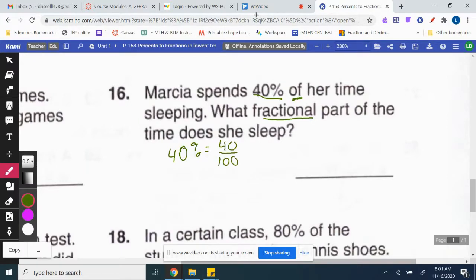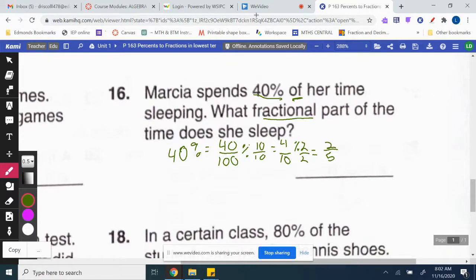Well, I know that that's not in lowest terms, so I'm going to divide it by 10 because I see the zeros, and I'm going to divide by 10 on both sides. 40 divided by 10 is 4. 100 divided by 10 is 10. Well, that's not in lowest terms, so I'm going to try it one more time. I'm going to divide it by 2 because 4 and 10 are both even. And 4 divided by 2 is 2. And 10 divided by 2 is 5. So I get 2/5, and that's in lowest terms because both numbers are prime.